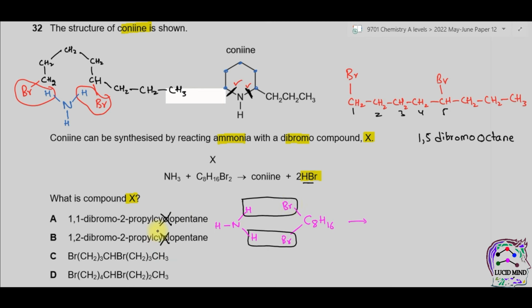Now we have to find out the formula. Let's write down the formula. We can group similar types of atoms. So we have CH2, CH2, CH2, 3 CH2s, so we can group them together. So I can rewrite this. We have a bromine atom. Then I have 1, 2, 3, 4 CH2s.